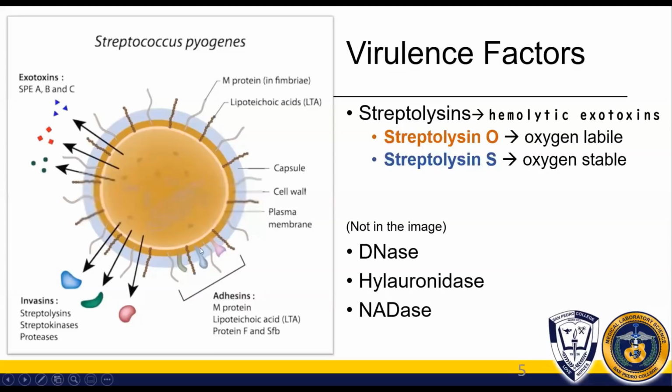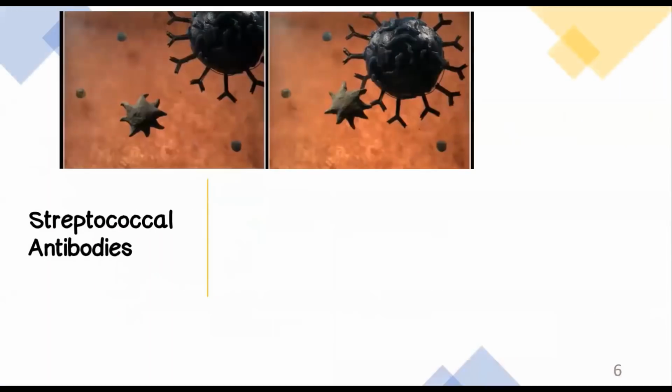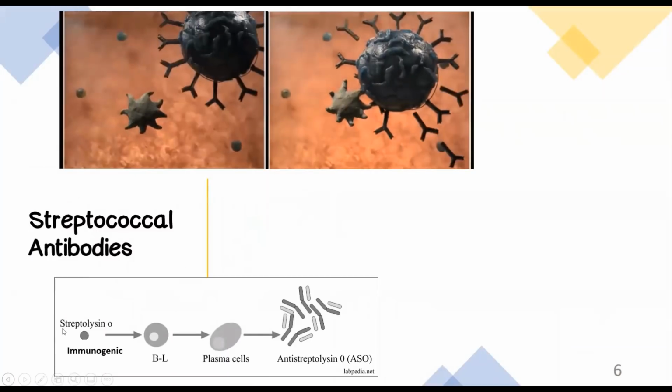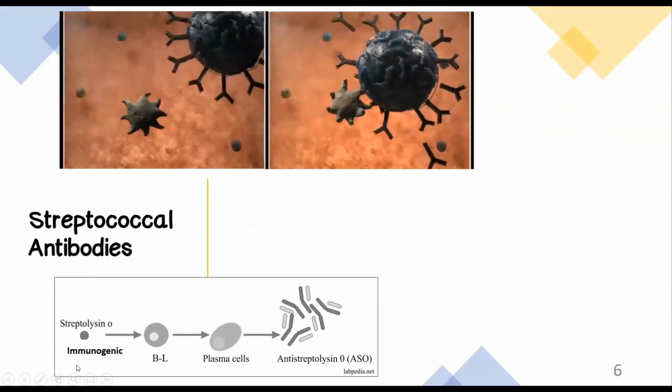Now, some of these antigens, class, are immunogenic in nature. Immunogenic meaning they are capable of inducing an immune response, such as activation of the lymphocytes and antibody production. As I have mentioned earlier, there are streptococcal antigens that are immunogenic in nature.